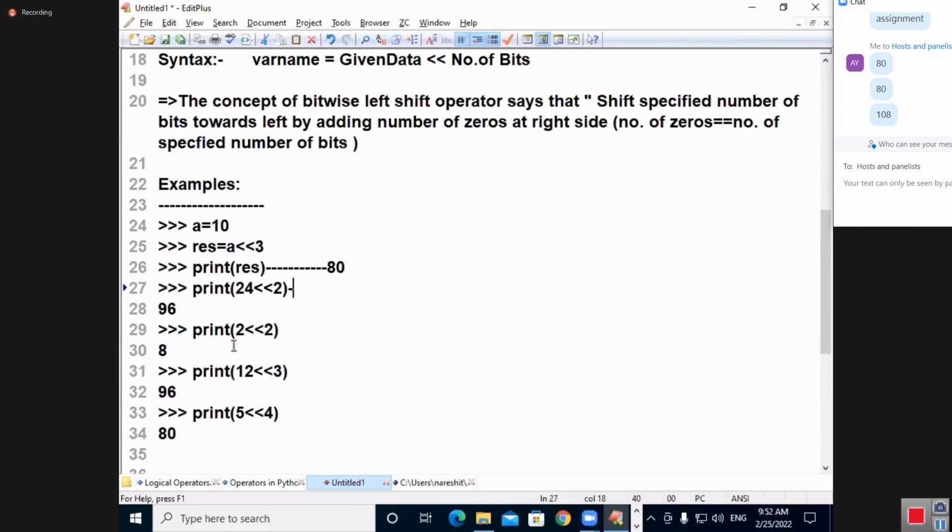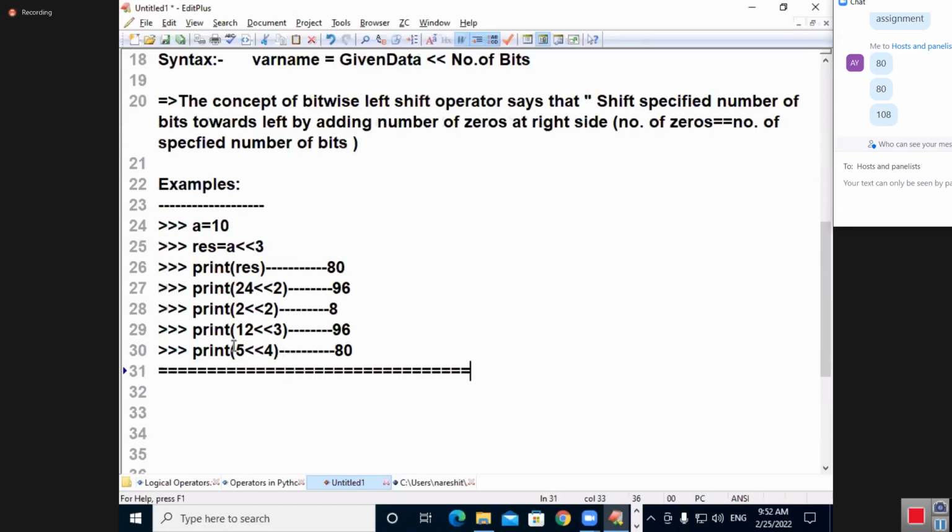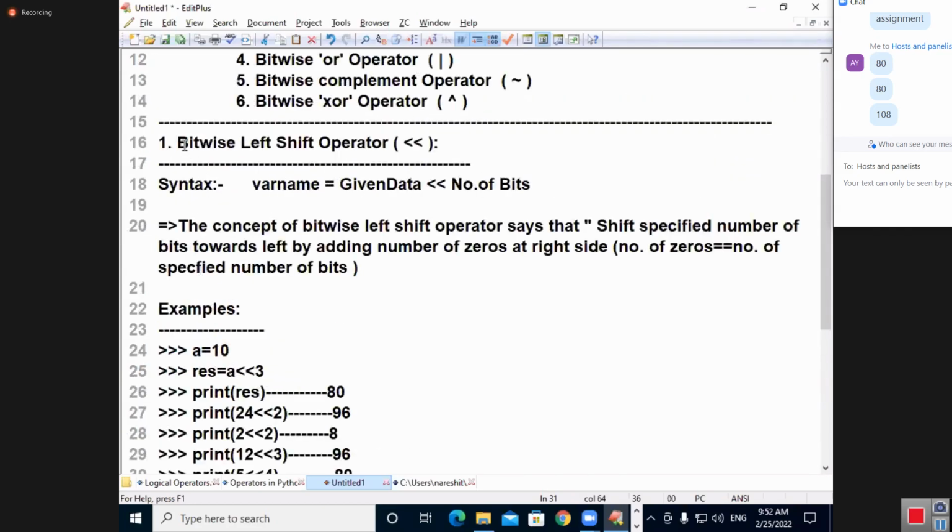You can apply the formula I said. You can see this data here. Are you able to follow? This is called which operator? Bitwise left shift. Shall we go for right shift? Yes, easy. Once left shift is understandable, right shift is also going to be dead easy.